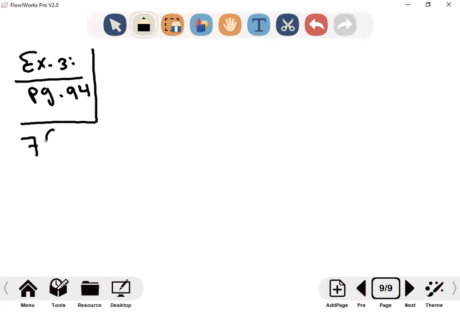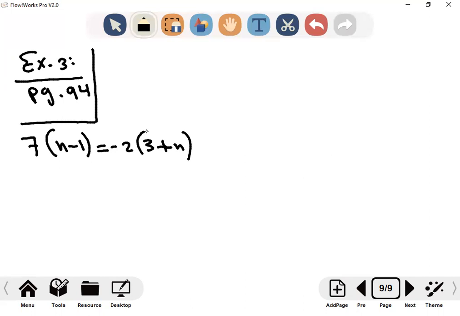7 with n minus 1 equals negative 2 multiplied by 3 plus n. First step, I need to simplify these brackets by using something we did before, which is the distributive property, right?